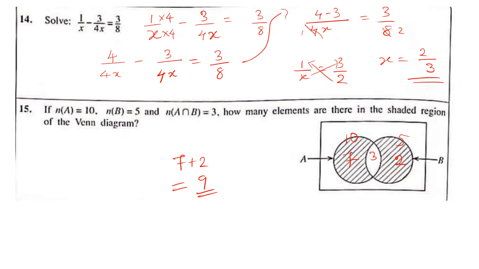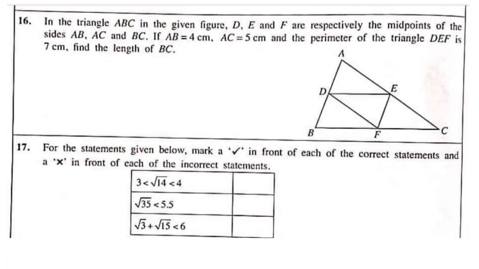Okay, let's go to the next question, right? In the triangle ABC in the given figure, D, E, F are respectively the midpoints of AB, AC, and BC, right? If AB is 4 centimeters, then this part is 2, and this part is also 2, because this is the midpoint.